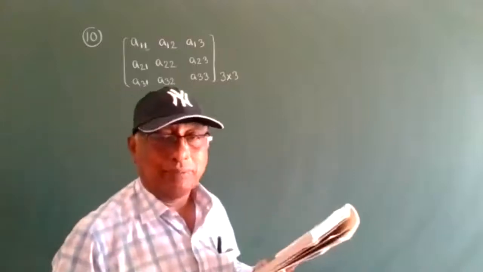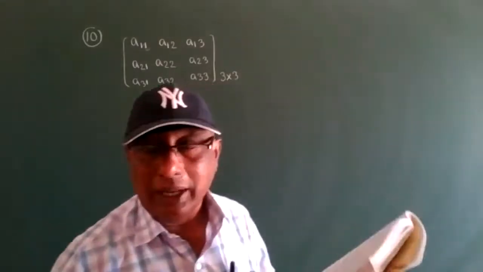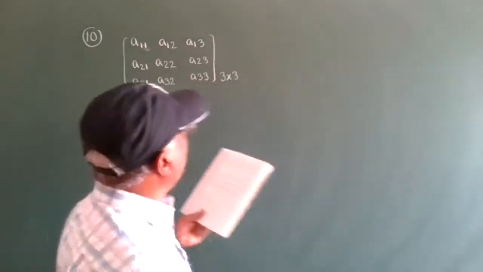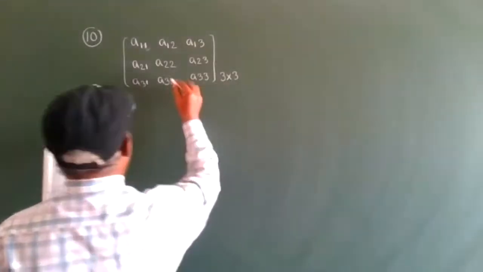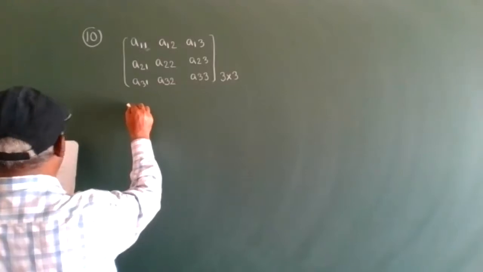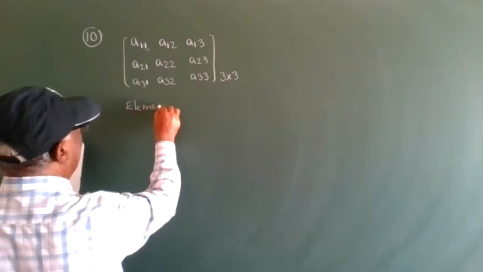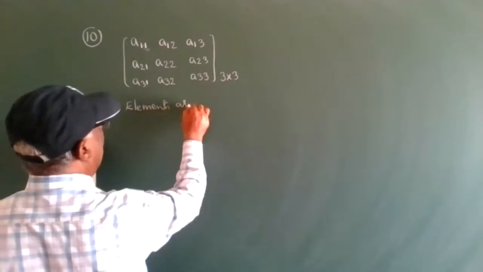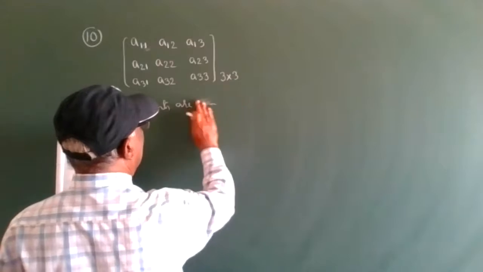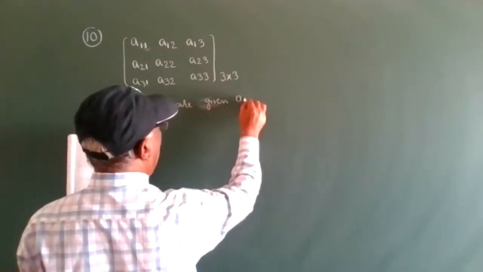We have to fill up the 3 by 3 matrix using only the elements 0 and 1. So the entries, the elements, are given as 0 or 1.